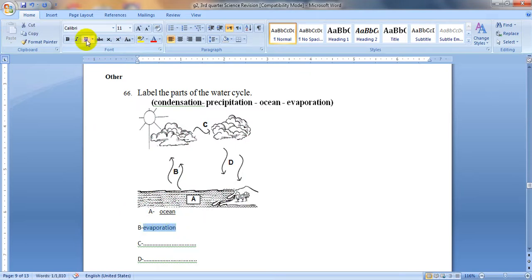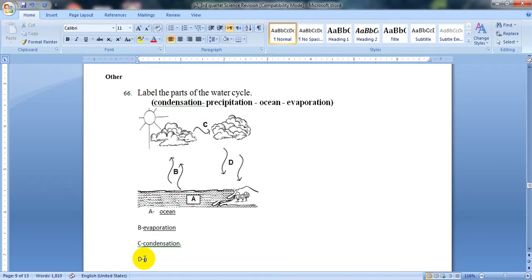The next one, letter C, forming clouds through a process which is called condensation. And the last step will be precipitation, or anything that falls from the sky.